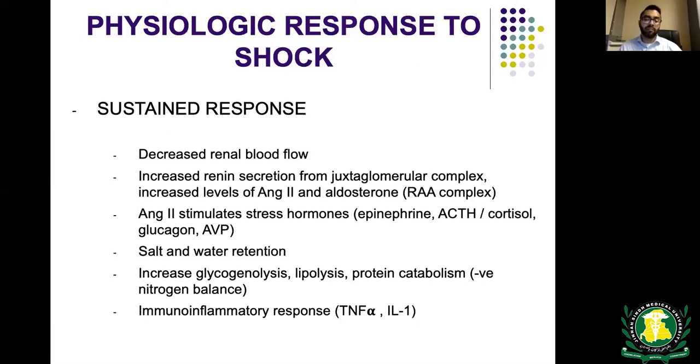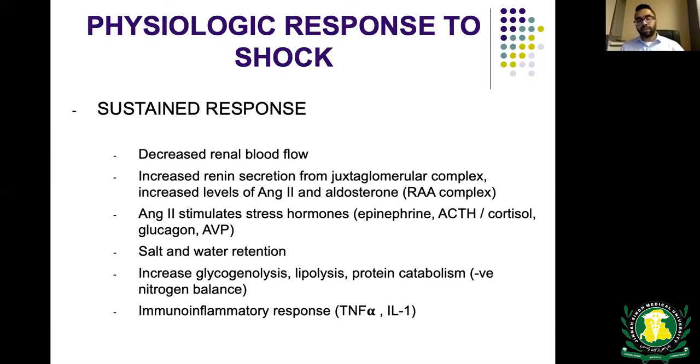And especially if you need to keep producing ATP at the cellular level, and there is not enough oxygen, the cells will rely on glucose to undergo anaerobic metabolism. So you can pretty much deplete all your glycogen stores within a matter of 24 to 48 hours once shock ensues.